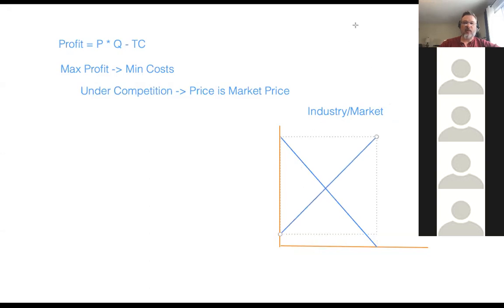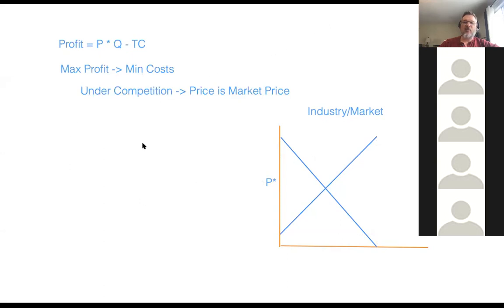And then you guys can see here where the market equilibrium price would be. So I'm just gonna put over here on the edge P star. So you can see there where that would be from the equilibrium.